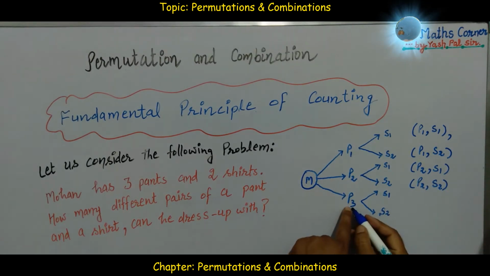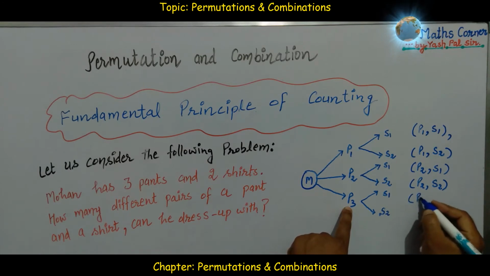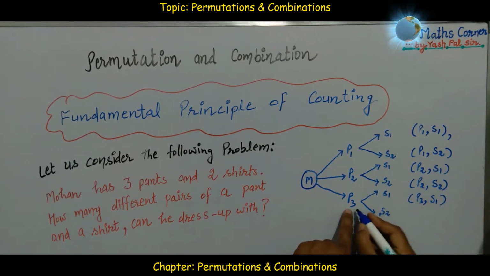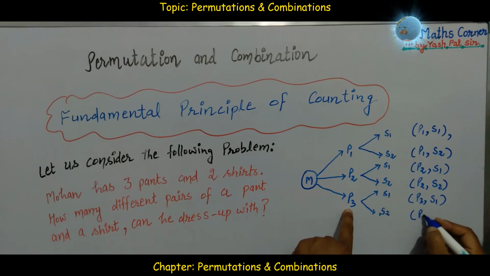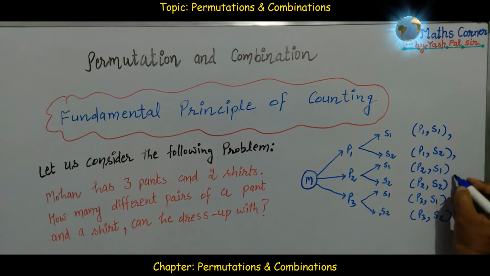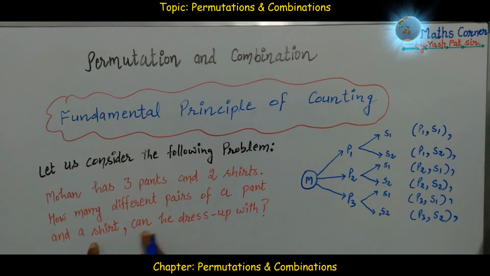Now starting with P3, we have P3, S1. Last is P3, S2. So these are the possible pairs he can dress up with.